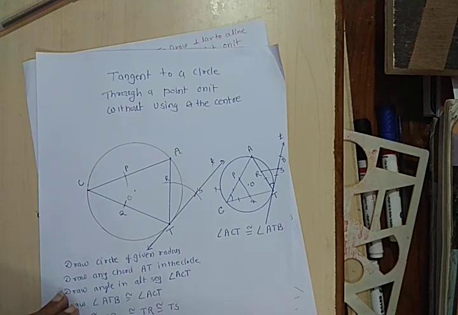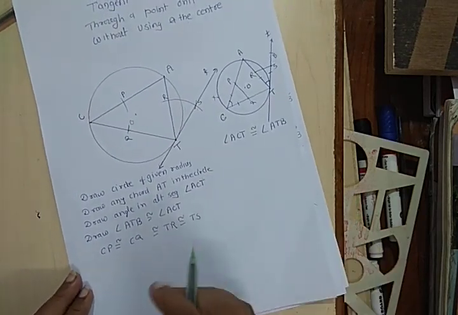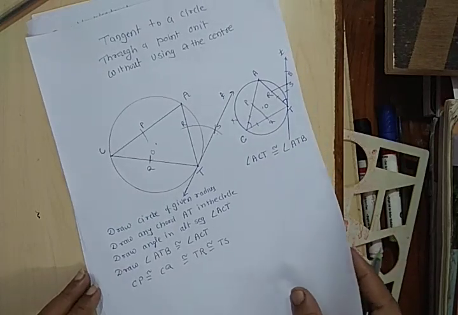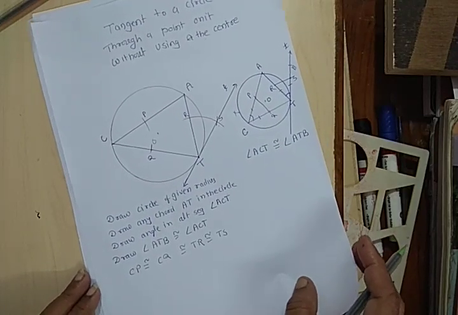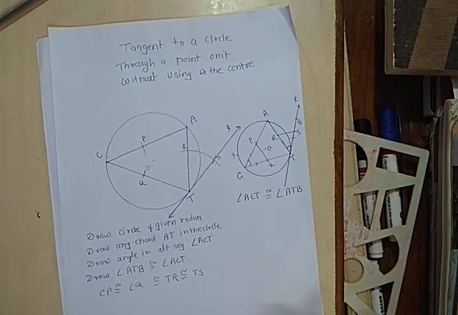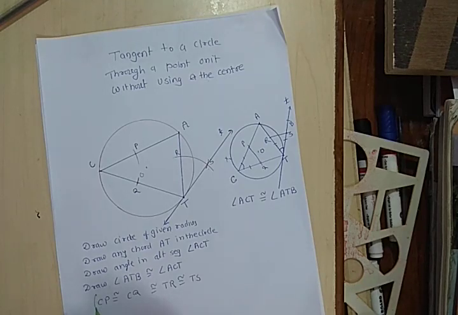Did you get this? Now shall we proceed to another? Yes. Now the second question is, look carefully again. I have kept it as it is. You have to write the steps of construction. Also, this is not required.